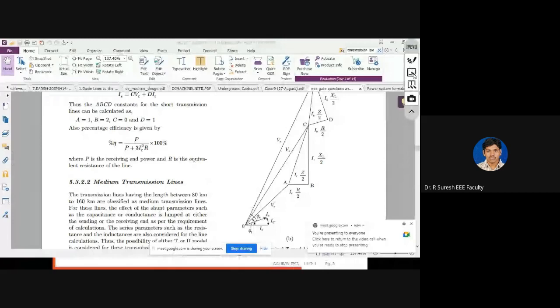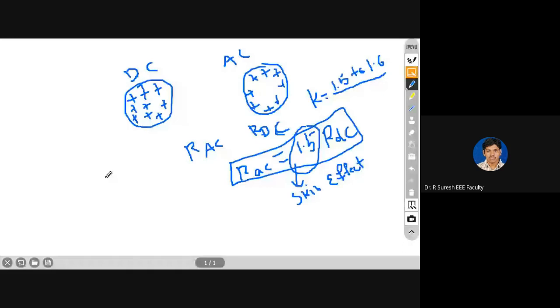In a short transmission line, we neglect the capacitance, because including or neglecting it does not change the performance of the transmission line. What is meant by performance? By calculating regulation and efficiency, we can estimate the performance of the transmission line.